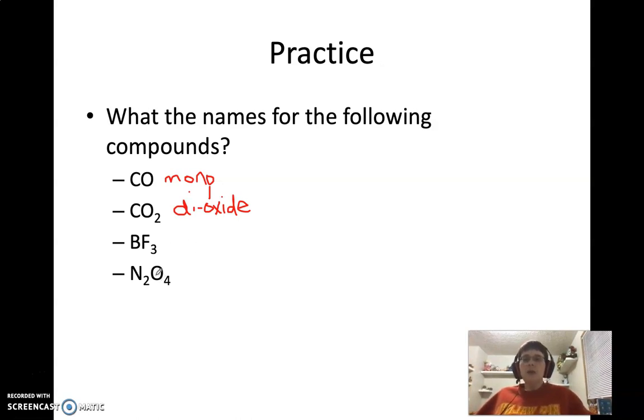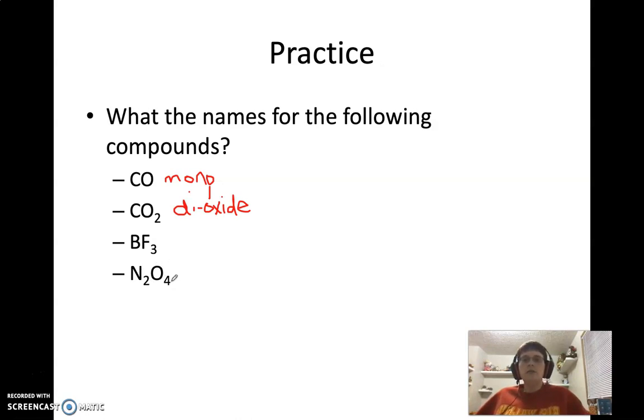So here's an example of one that has a prefix on the first element because it's got a subscript to show a number. So this one would be dinitrogen. So you don't add anything else, it would just be the prefix. So dinitrogen tetraoxide.